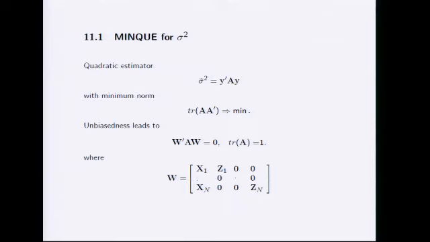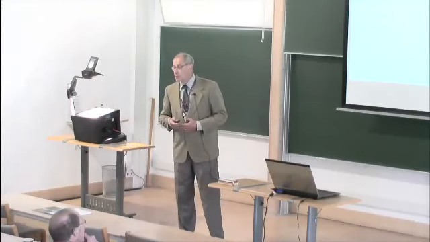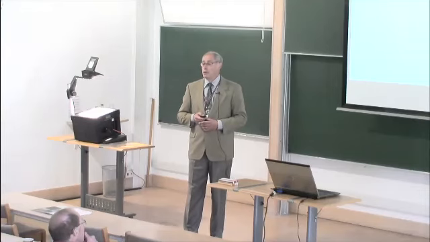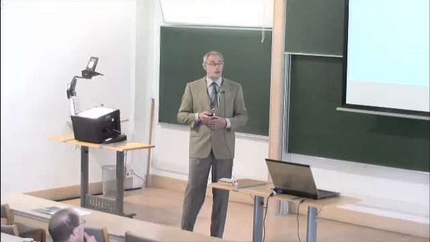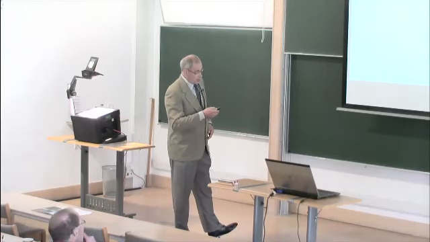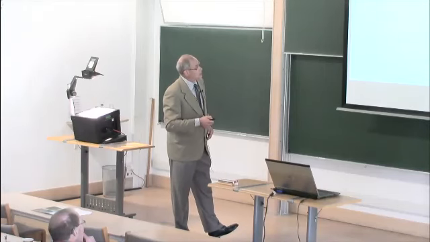And I also want to make this estimate unbiased, so this is the unbiasedness condition. Since the variance of a quadratic form can be expressed in closed form, you end up with a quadratic minimization of a quadratic function expressed in terms of matrices under these two conditions.